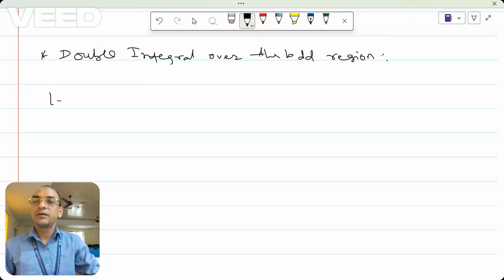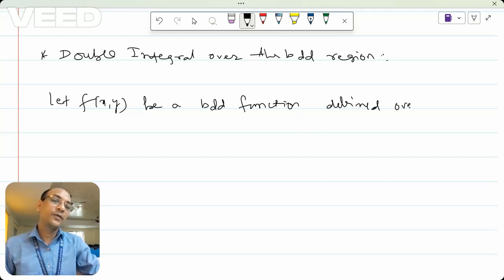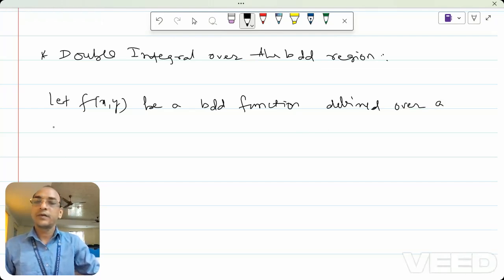Let f of x, y be a bounded function defined over a region E. So what is the region?